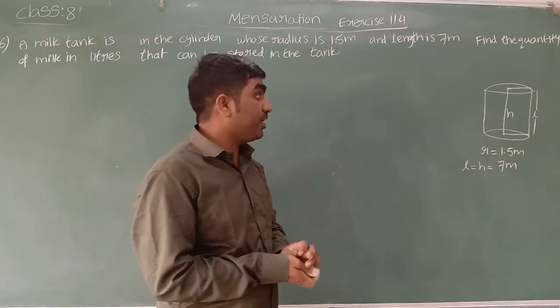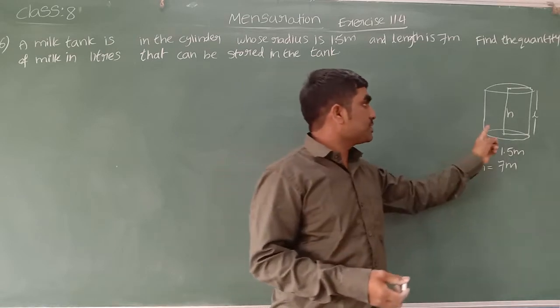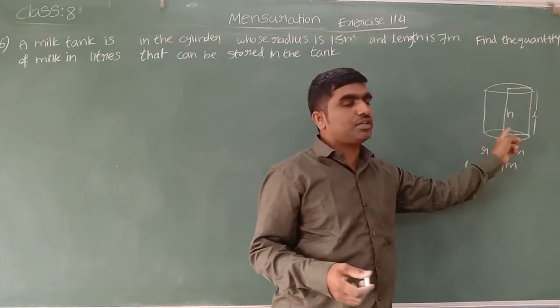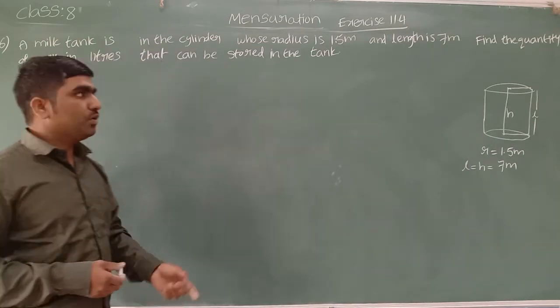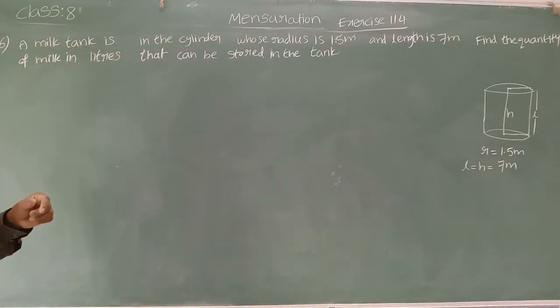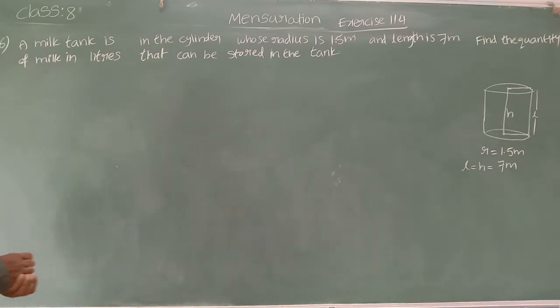They are asking to find the capacity of the tank. Capacity is nothing but the space occupied by a 3D object, also called volume. So to know the capacity of the tank, it's enough to find the volume of the cylinder. Can go for the solution.